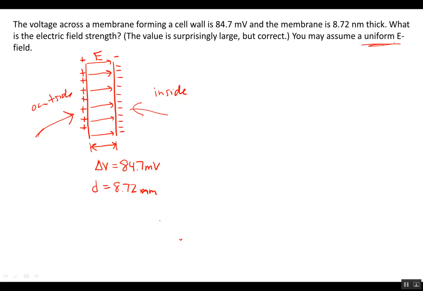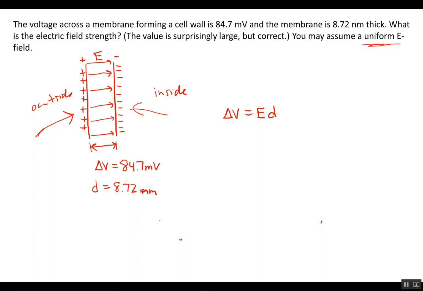All right, so when we think back to what we talked about in class and the last video, the connection between voltage and electric field is, at least in terms of magnitude, the difference in voltage between the two plates is equal to the magnitude of the electric field times the distance between the two plates of the parallel plate capacitor.